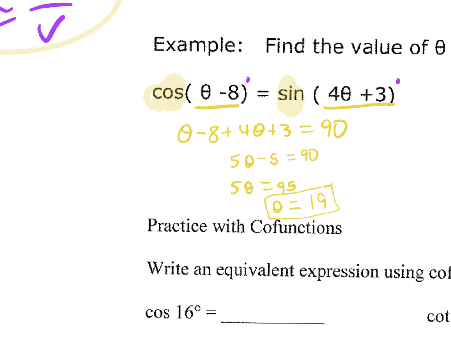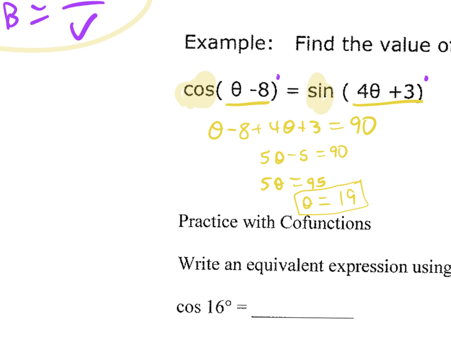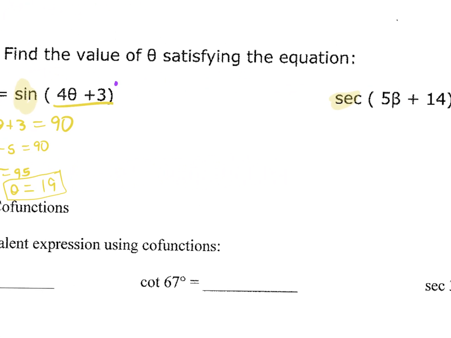But you might also be asked to go back in and figure out what the angle measures are and write that equivalent expression. In other words, we would write cosine of 19 minus 8, that means we have cosine of 11 degrees equals sine of 19 times 4 and add 3. It better be 79 degrees if we check that, right? So just be conscious of what the directions are asking you to do.